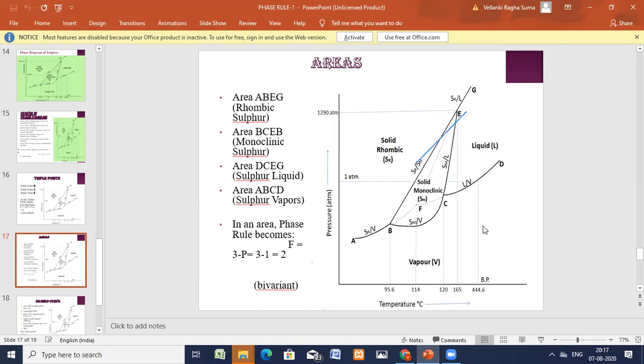In all these areas, what is the phase rule? F is equal to C minus P plus 2. C is 1, total composition is only 1. So 1 minus P plus 2, you're getting 3 minus P. F is equal to 3 minus 1, is equal to 2.